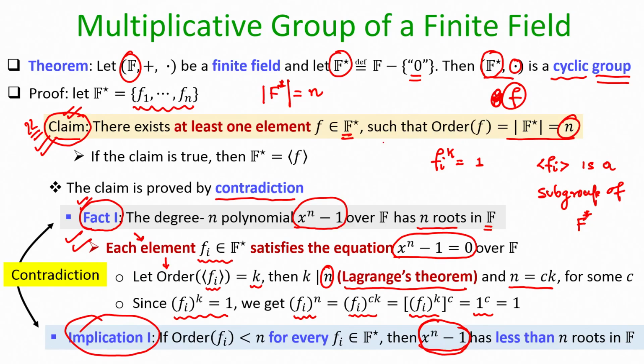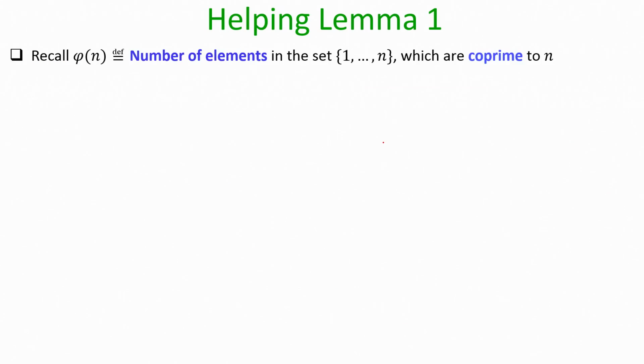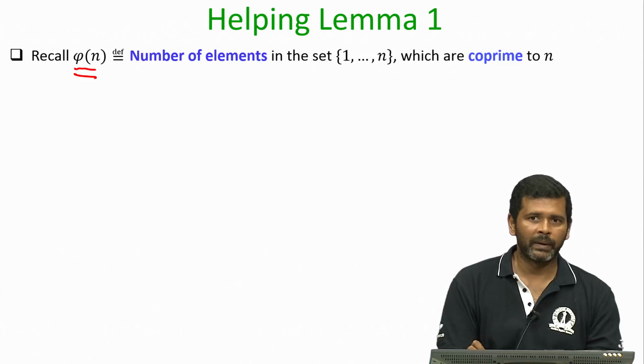To prove this implication, I will take help of several lemmas, several related properties. So, let us prove those independent related properties. This is helping lemma number 1. Here I want to prove some property regarding the Euler totient function denoted by phi.